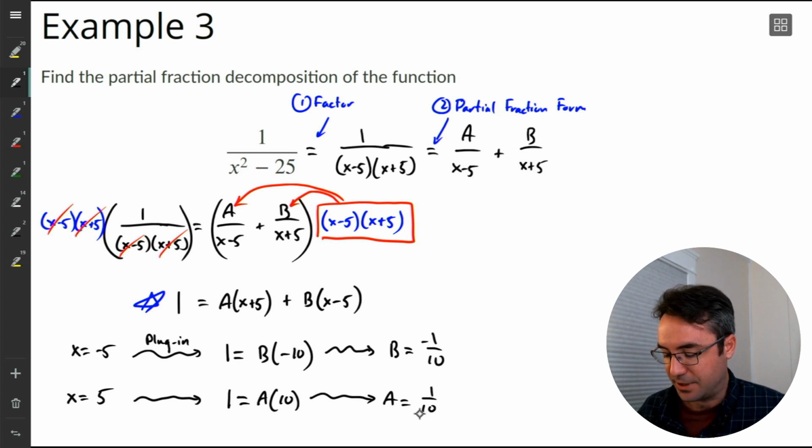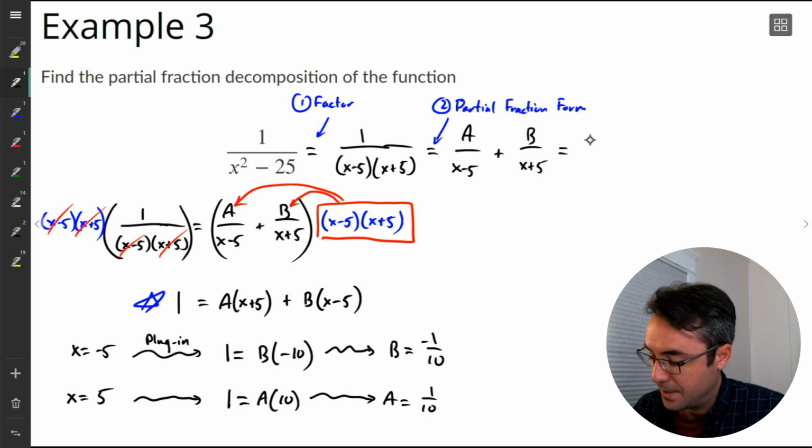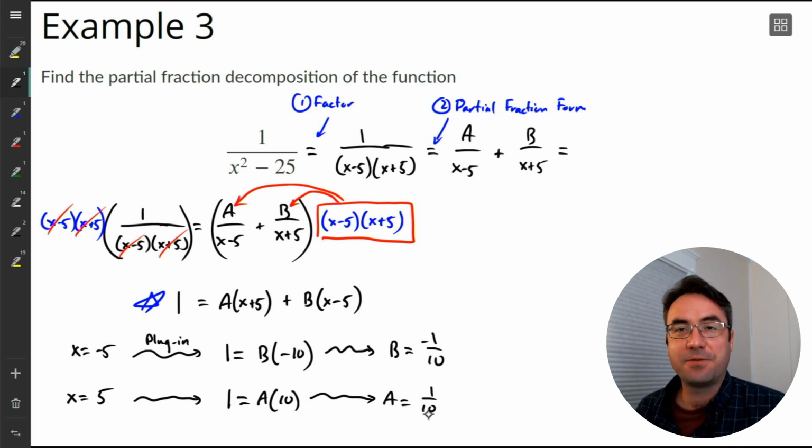And to actually answer the question then, we just have to go through and take these a and b values and plug them into our form here. So what do we end up with? The only thing you need to be careful of here is just make sure you're plugging things into the right order. So a is equal to 1 over 10. Let's make sure we plug that in for a.